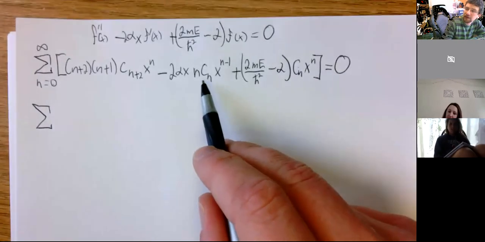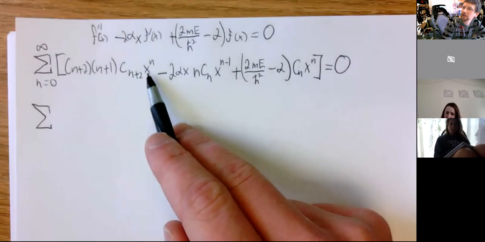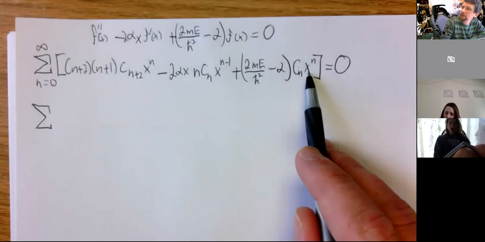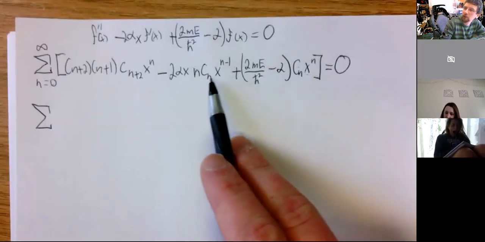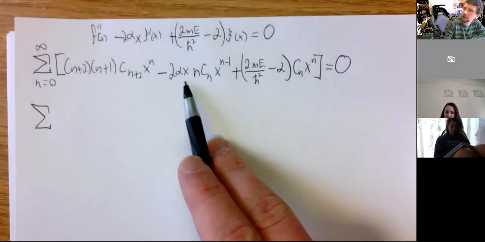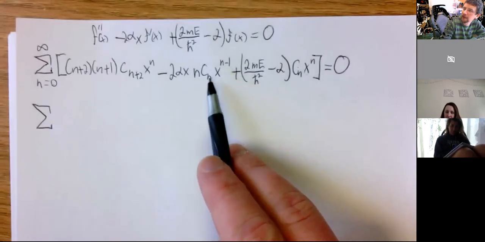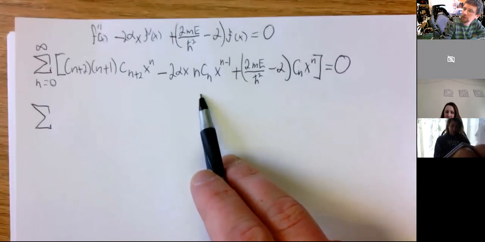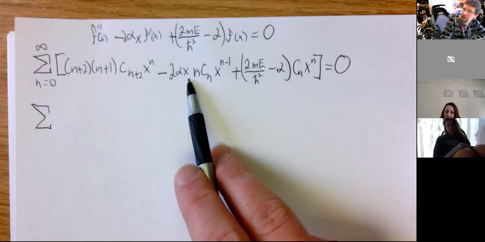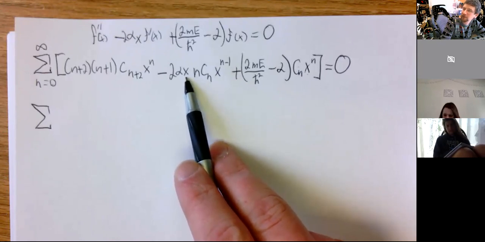Yeah, we can pull out x^n easily from here, and from this series, but what about here? Why can we pull an x^n out? Because x^(n-1) is just x^n times x^(-1). Wouldn't it cancel with x^1?